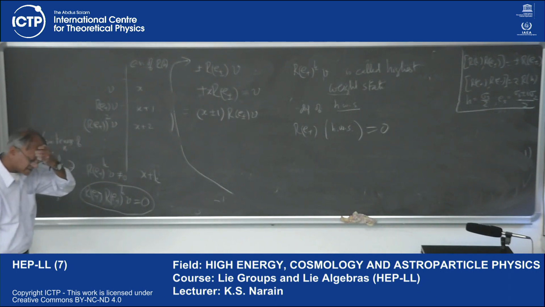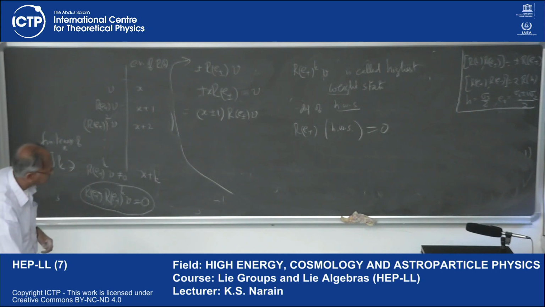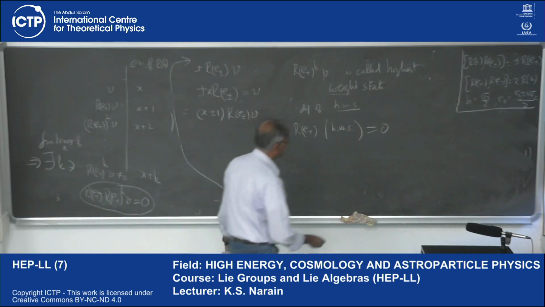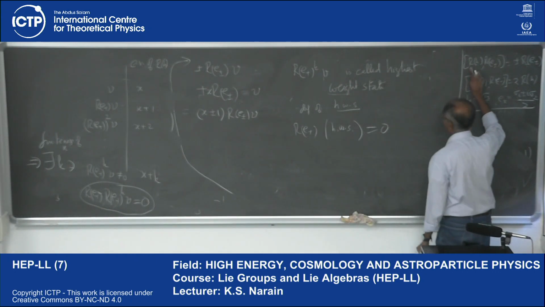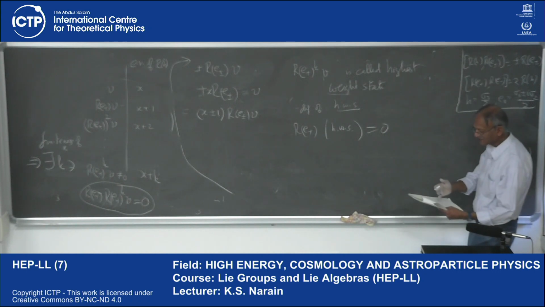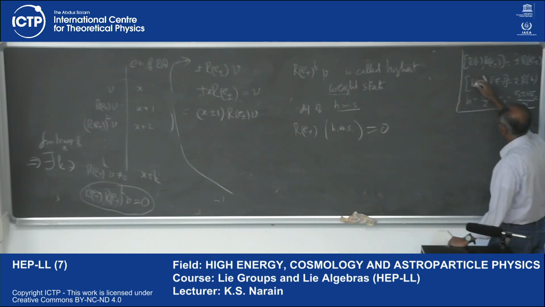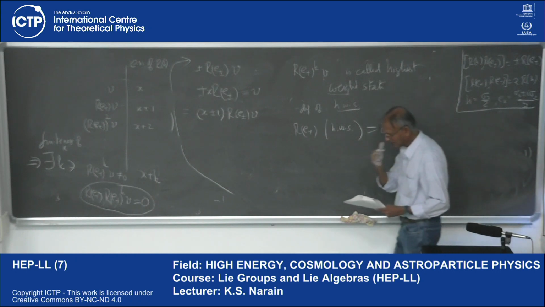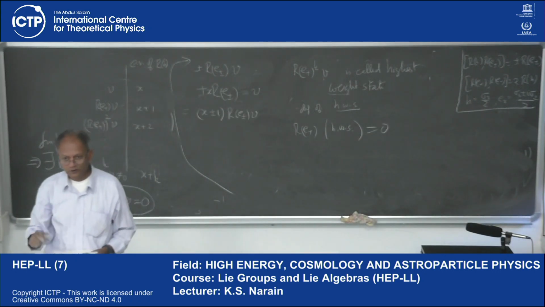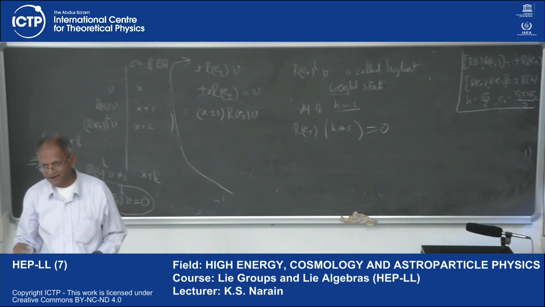Actually, this is something I could have simplified the notation very much. Let me just simplify the notation. Instead of writing R of H or R of E plus minus all the time, in the notes we have used a notation: capital H, and E plus minus. By the way, these notes are written by one of my colleagues, Professor George Thompson, who used to teach this course a few years back.